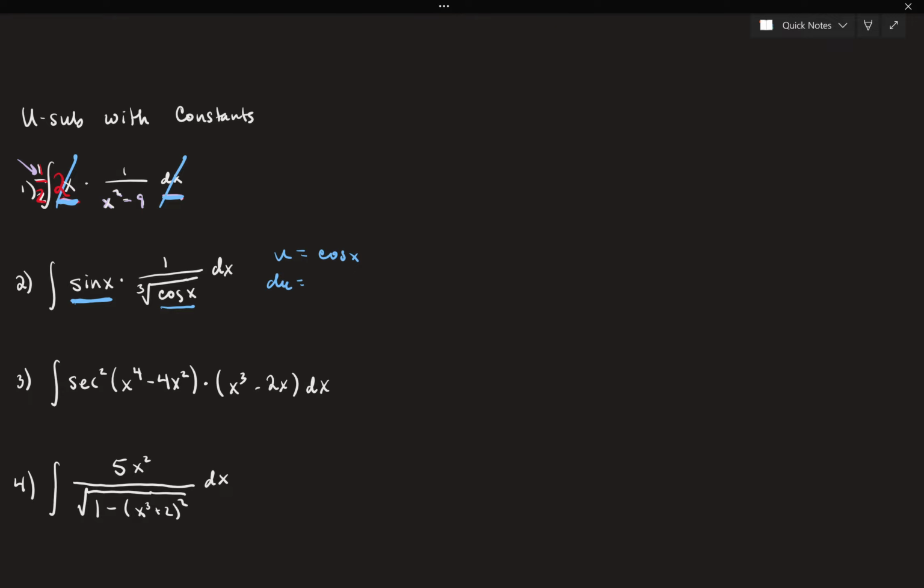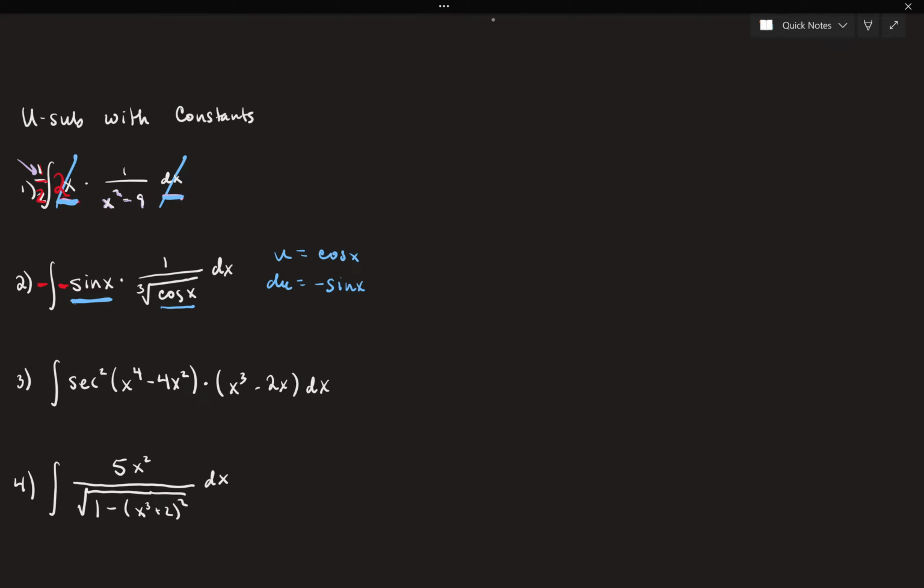Now, the derivative of cosine is negative sine, but I don't have negative sine. I have positive sine. So this is just a constant multiple I'm off by, so I can do the same thing I did before. I can throw in that negative. That's just a -1, and if I put it outside too, that's the same.